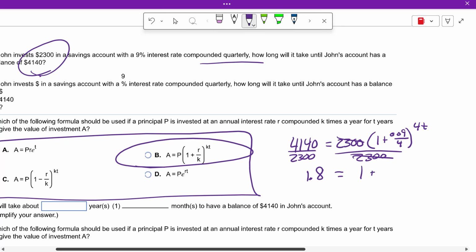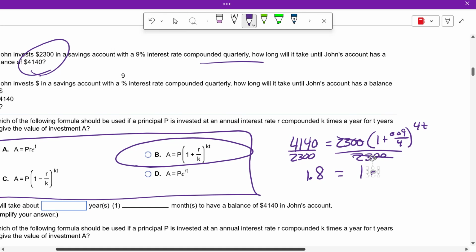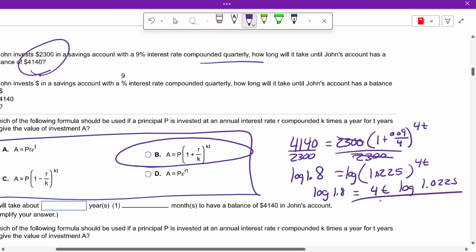Equals 1 plus 0.09 divided by 4. 0.09 divided by 4 is 0.0225, I think. So this is 1.0225, yep, to the 4t power. Well, if I take the log of both sides, I can put that 4t out in front. So log of 1.8 equals 4t log of 1.0225. Then divide by 4, and the log of 1.0225.